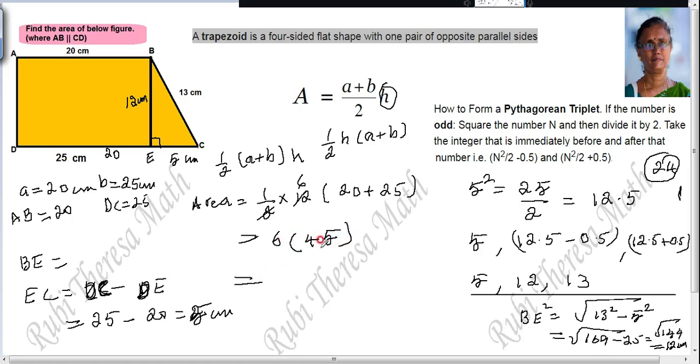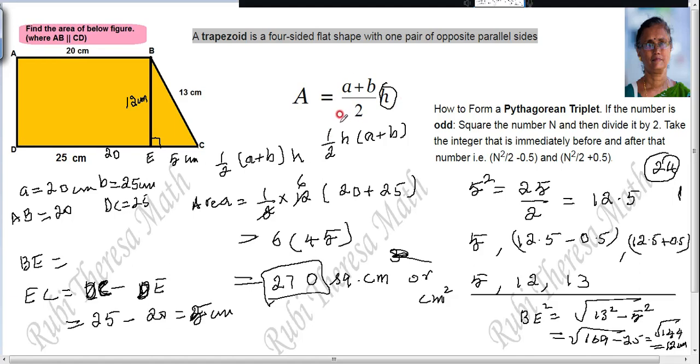So 6 into 45. 6 5s are 30, remainder 3, 6 4s are 24, plus 3 is 27. So 270 square centimeter, otherwise centimeter square. Do you follow? So by using this formula, you can do it like this.